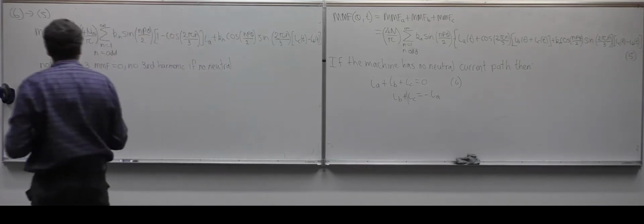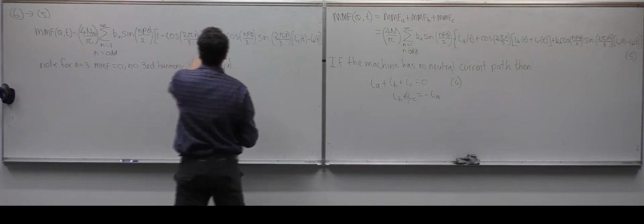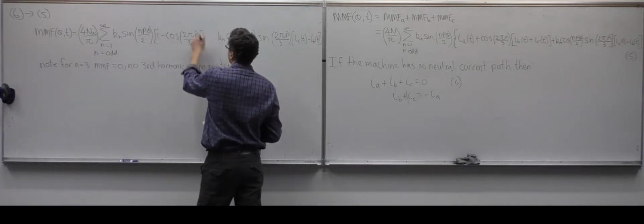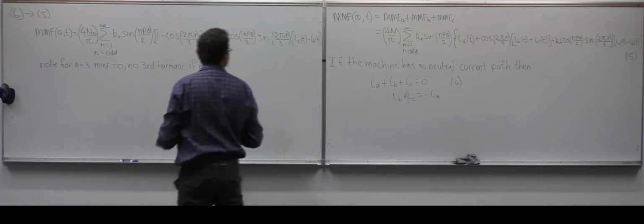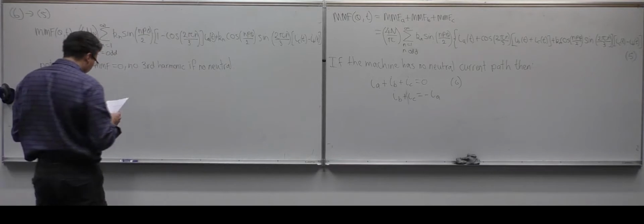Now assume that the currents, so this is IA as a function of time, are phase shifted by 120.